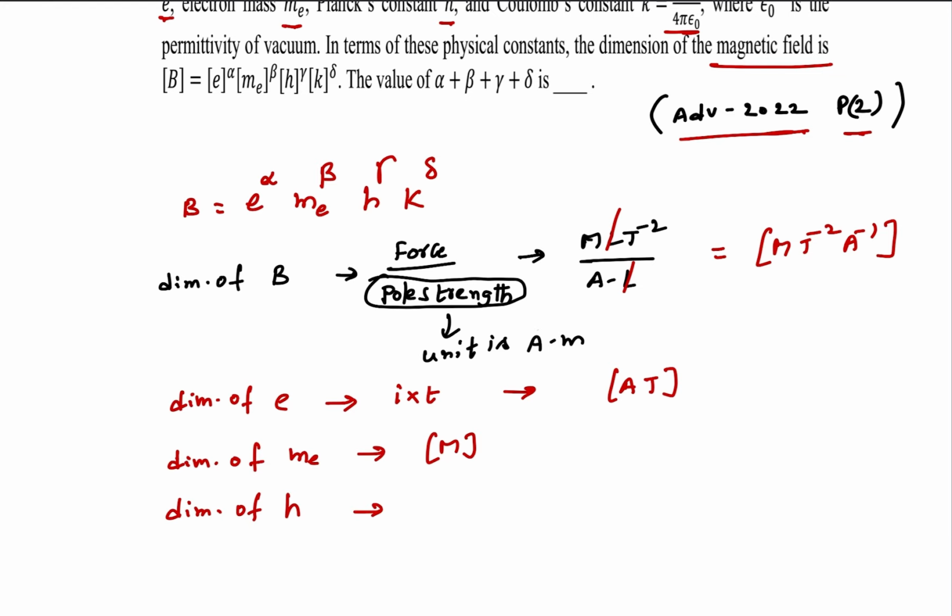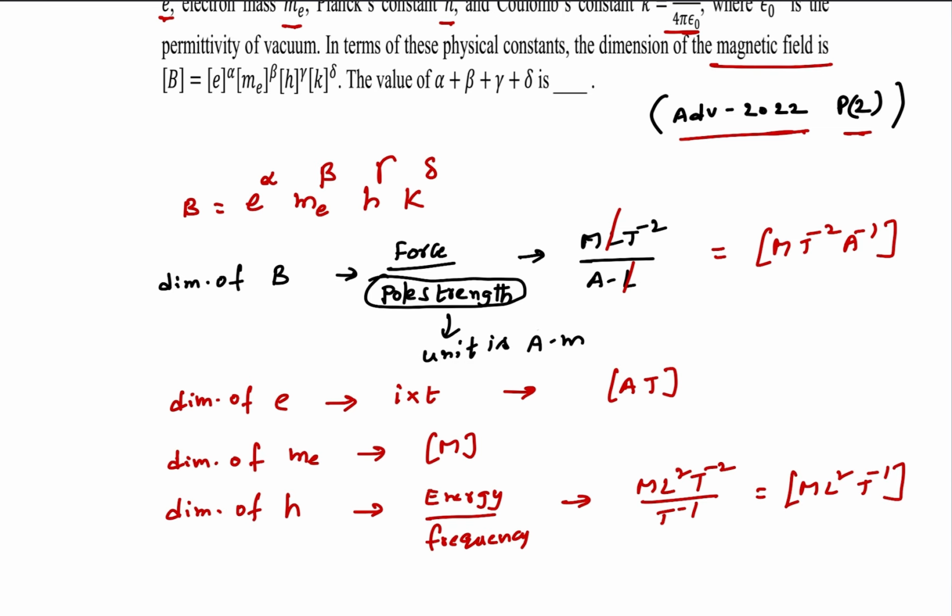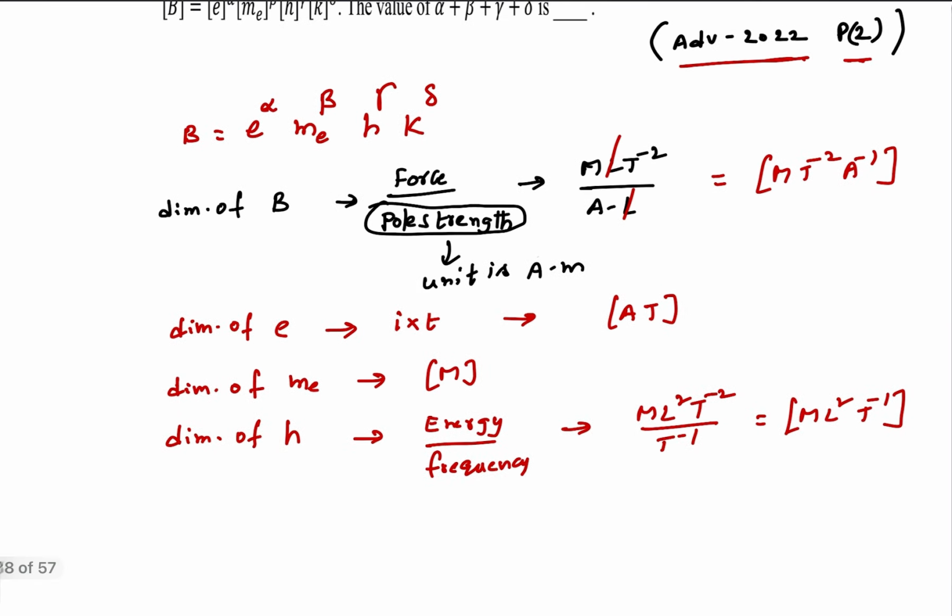Dimension of h, the Planck's constant: energy by frequency. So many times I have written it, by this time you should remember these values. M L square T power minus 2 divided by T power minus 1, that is M L square T power minus 1. This is the dimensional formula of h.